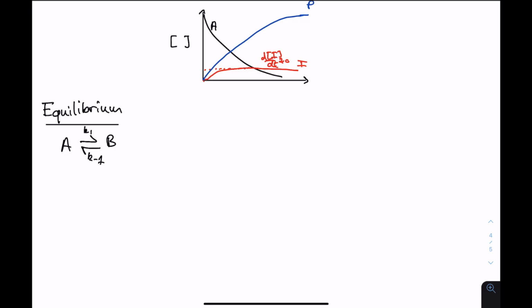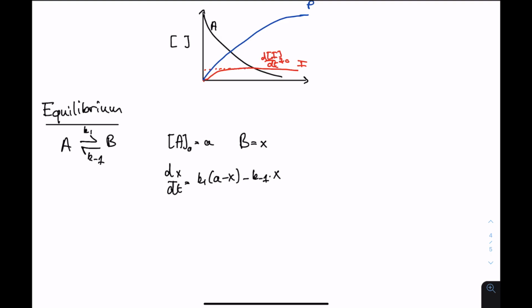Right, so let's take again the initial way we do things. So A at time 0 is, sorry, small letter a, and B is x. That's the unknown value. And so we'll write dx/dt is K1 (a minus x) minus K minus 1 times x.